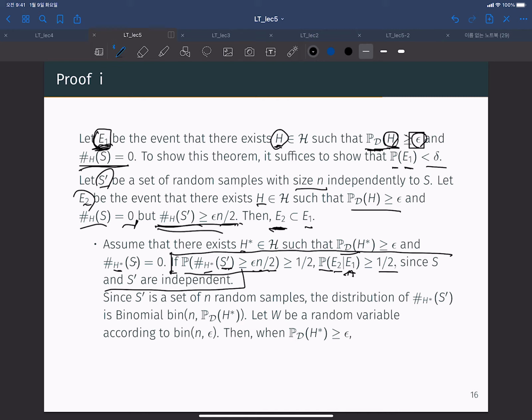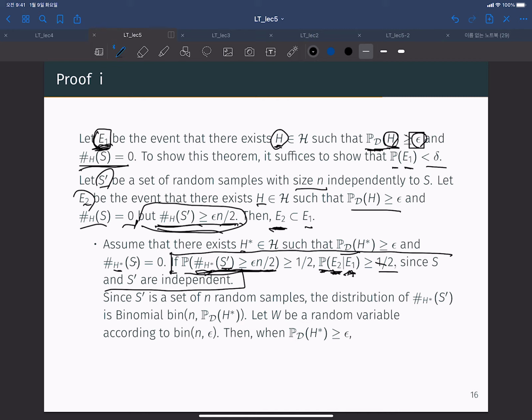And E2 only has one more condition, this. So when E1 holds, to make E2 also true, we just need this part. And if the probability of this part is greater than 1 over 2, then we can say the probability of E2 given E1 is greater than 1 over 2.